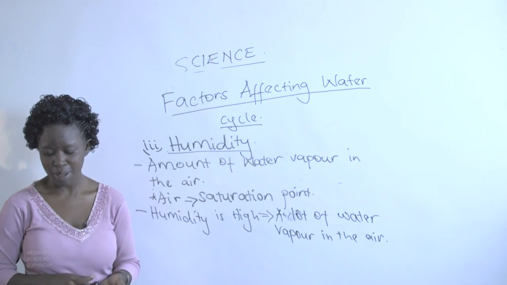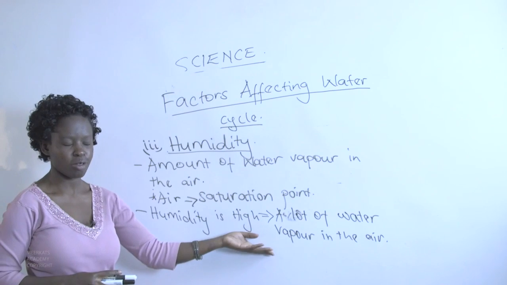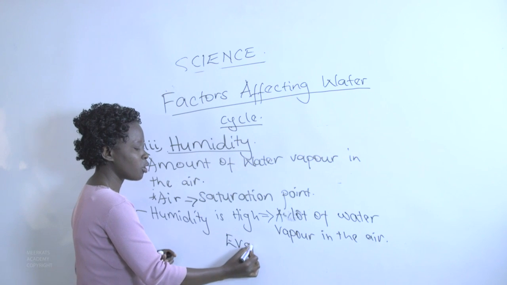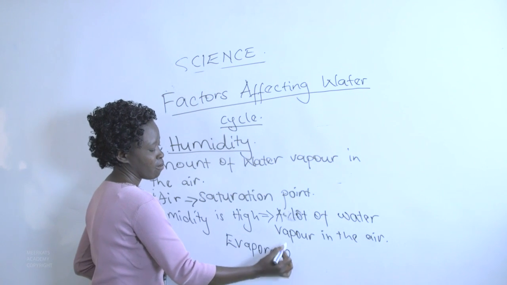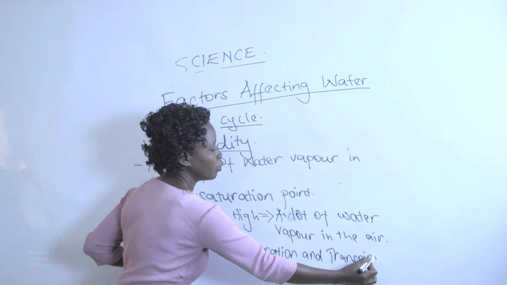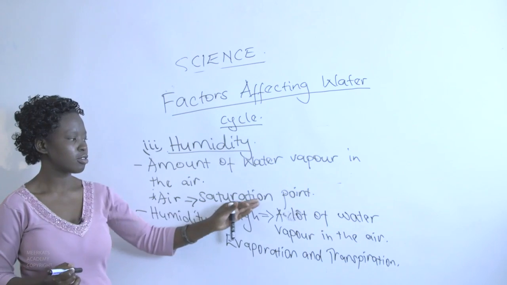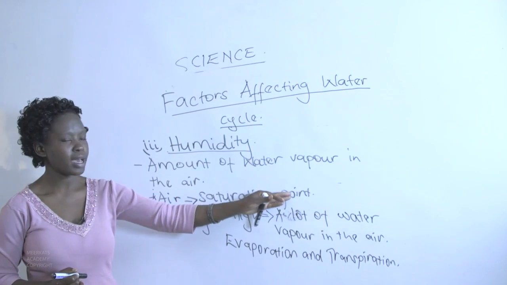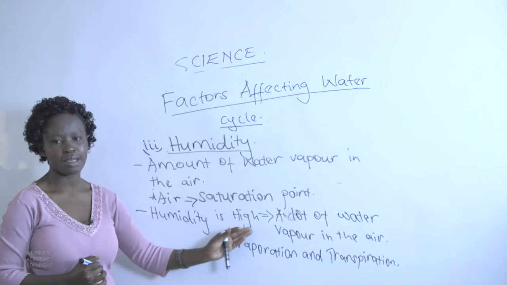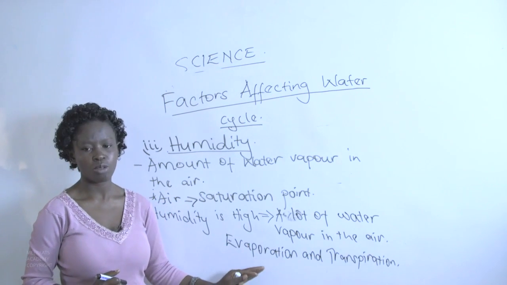And if we are having a lot of water vapor in the atmosphere, then it is definitely going to interfere with the rate of evaporation and transpiration, because if the air has reached saturation point, it cannot hold the water vapor anymore. So if the humidity is high, the rate of evaporation and transpiration will slow down.